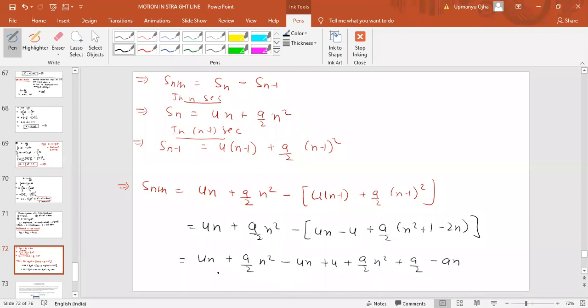Fine. So if you cancel out, un will get cancelled out. If you rearrange this equation, we are getting displacement in the nth second equal to u plus a by 2 (2n minus 1).